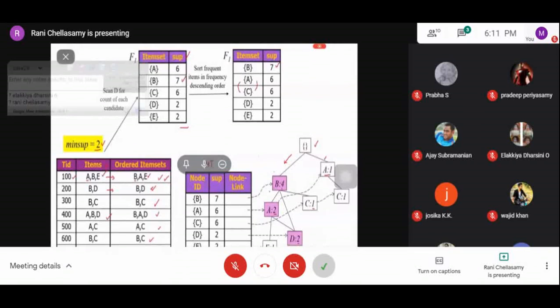See here, B is incremented to 5 and C is 2.